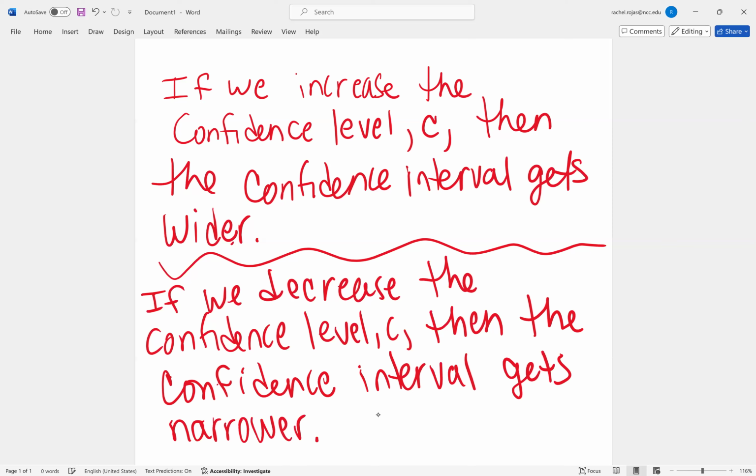So that's what effect the confidence level has on the width of the confidence interval. So if we increase the confidence level, then the confidence interval gets wider. If we decrease the confidence level, then the confidence interval gets narrower.